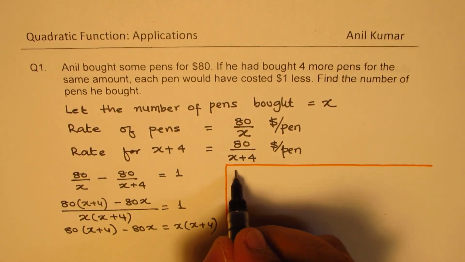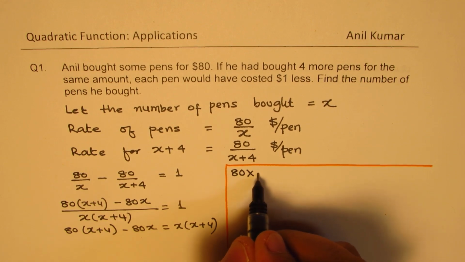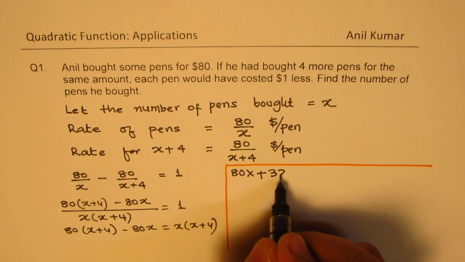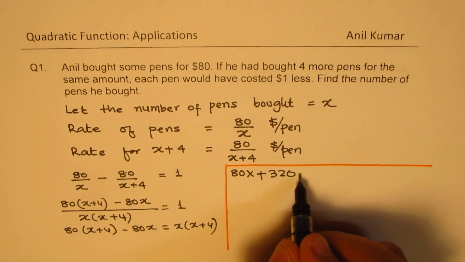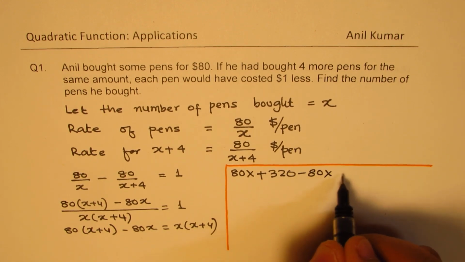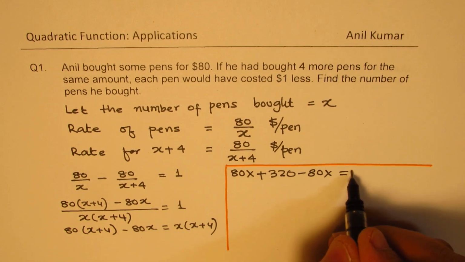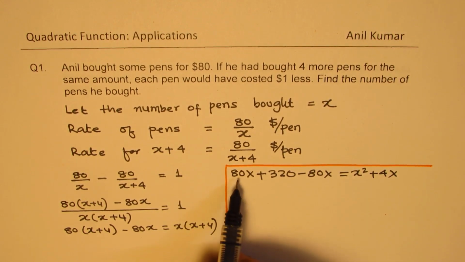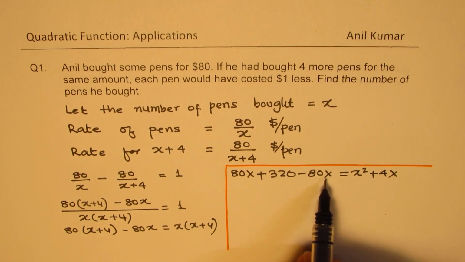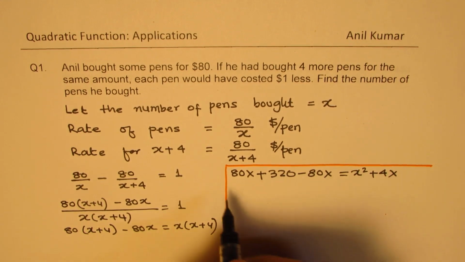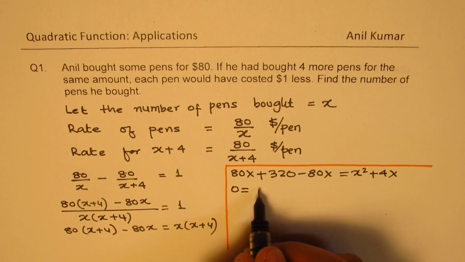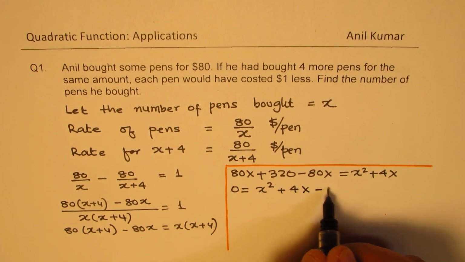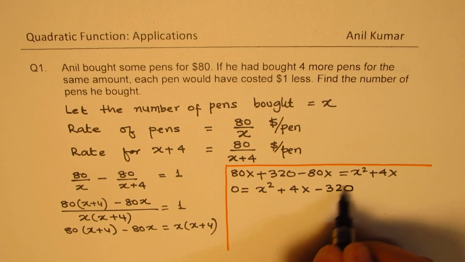So what we get here is 80x plus 80 times 4, 320, minus 80x equals to, expand this, we have x squared plus 4x. Now 80x and minus 80x will cancel. We can take 320 to the other side. So we get 0 equals to x squared plus 4x minus 320.